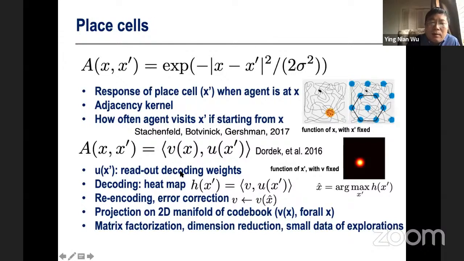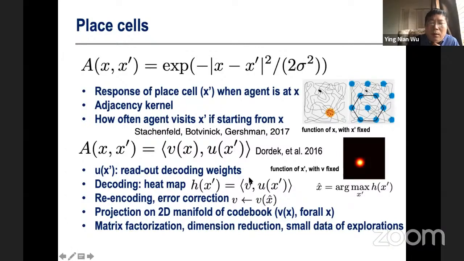Then you can decode this x by a readout decoding vector. You multiply, take the inner product, and you get the adjacency kernel. This is a dimension reduction model, a linear model. Here u of x prime is a readout decoding vector for the place cell associated with position x prime.